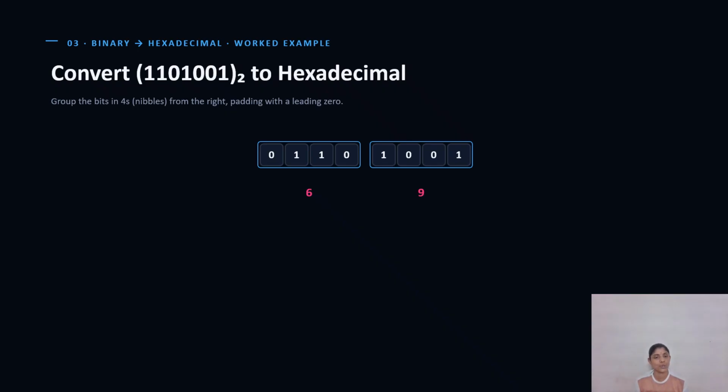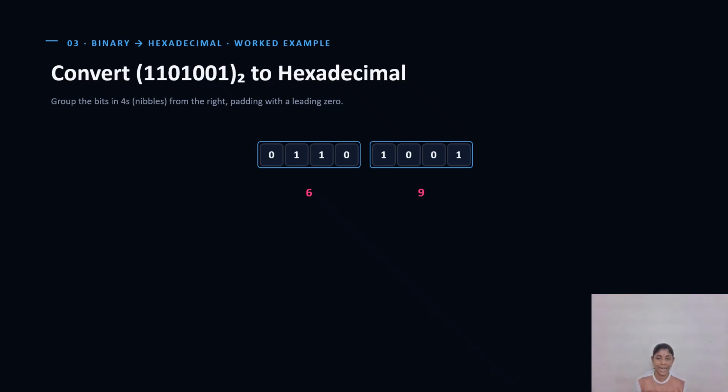Check the next group: 0, 1, 1. But I already told you a nibble surely should have 4 bits. So 1 bit is missing. So I am padding a 0 there, right? So 2 groups are there. If it is hexadecimal, what is the weight code here? 8421. So check your first representation.